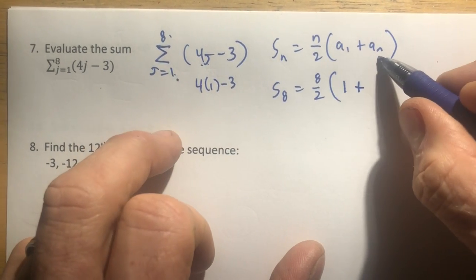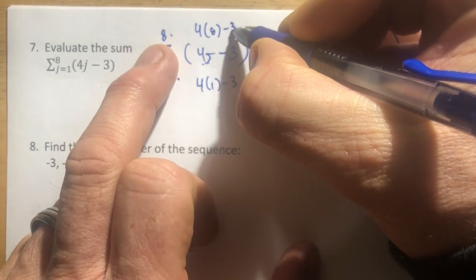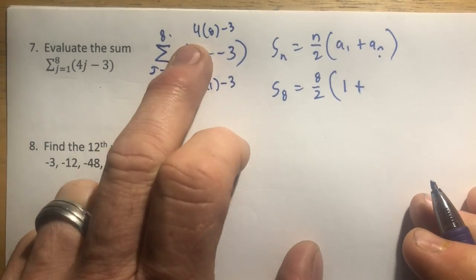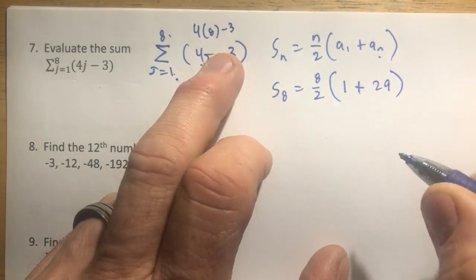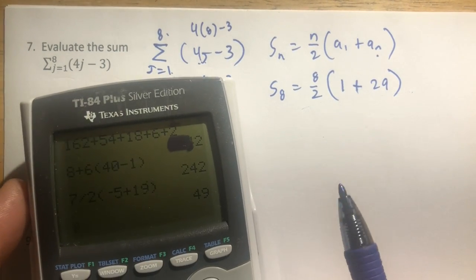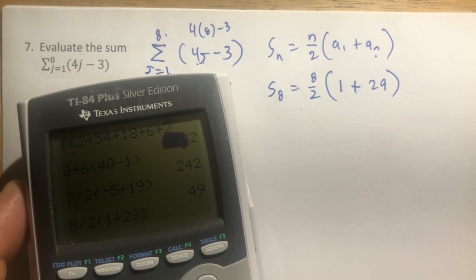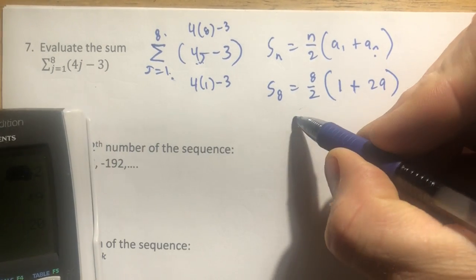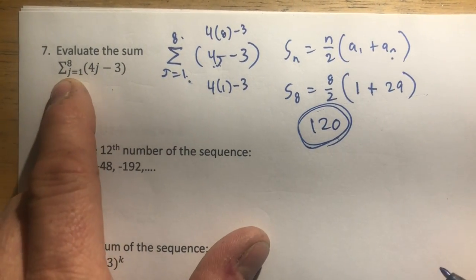Plus the nth term, that's when I put 8 in. 4 times 8 is 32, minus 3 is 29. Now I punch this in: 8 divided by 2 times 1 plus 29, and I get 120. And that's the sum of the 8 terms here.